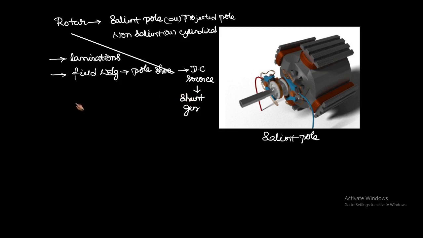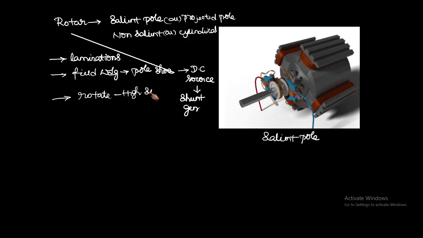Now if you observe here, this is an imbalanced construction. How am I saying it is imbalanced? Here there is a gap between each pole, so there is a mechanical imbalance. Because of this reason it cannot rotate at high speeds.